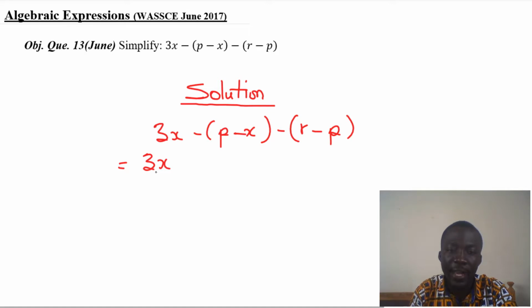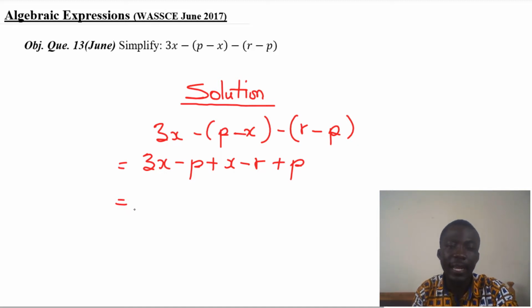So we have 3x already there. Negative times positive p will give us negative p. Negative times negative x will give us plus x. Negative times positive r will give us negative r. Negative times negative p will give us positive p. And the bracket is expanded.